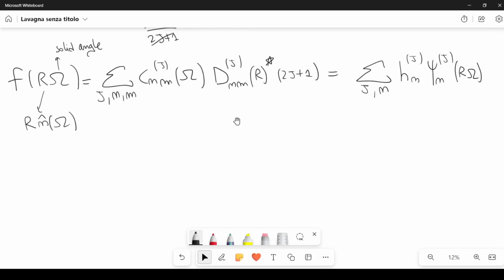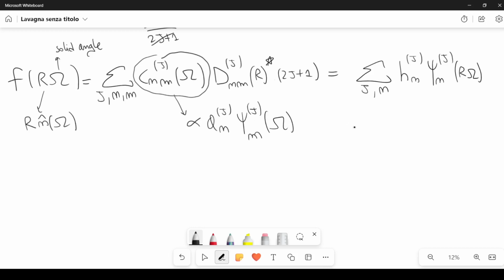But now spherical harmonics in general can also be used here in the definition of these coefficients, because these coefficients depend on omega, and since spherical harmonics are a complete set, we can also assume that these coefficients are proportional to some constants a, and these constants might depend on n and j, and then we have psi jm of omega.